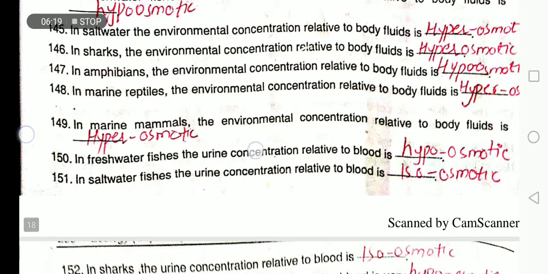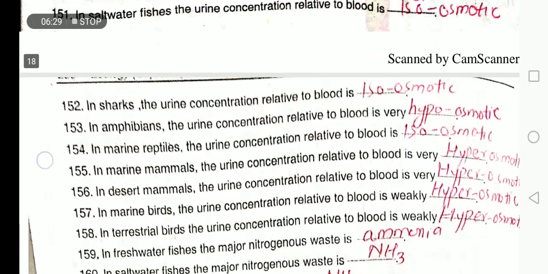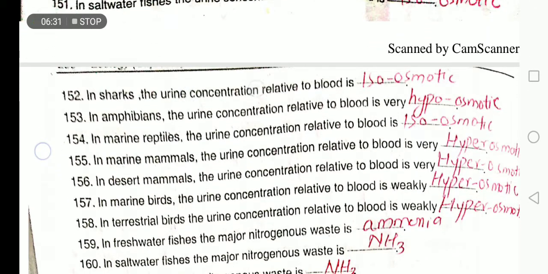In freshwater fishes, the urine concentration relative to the blood is hypoosmotic. In saltwater fishes, the urine concentration relative to the blood is isoosmotic. In sharks, it is isoosmotic. In amphibians, it is hypoosmotic. In marine reptiles, it is isoosmotic.